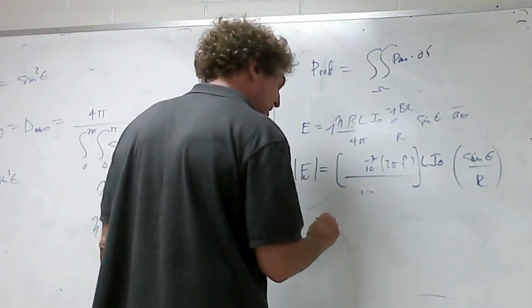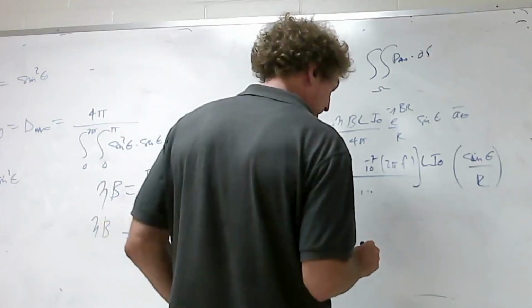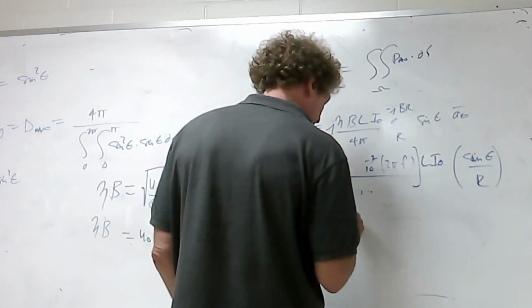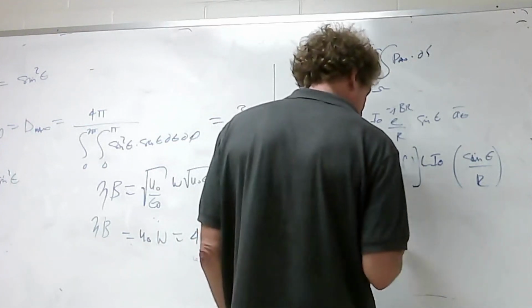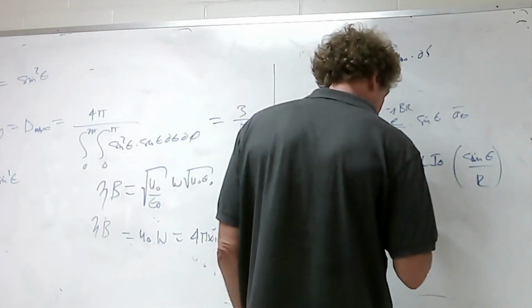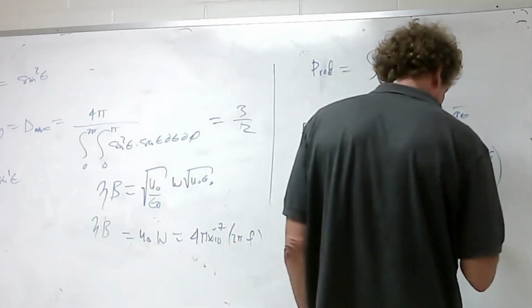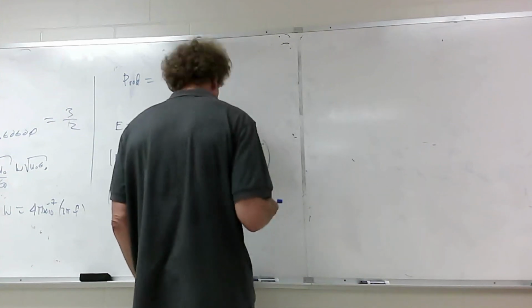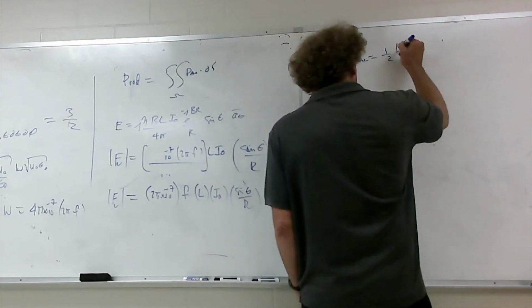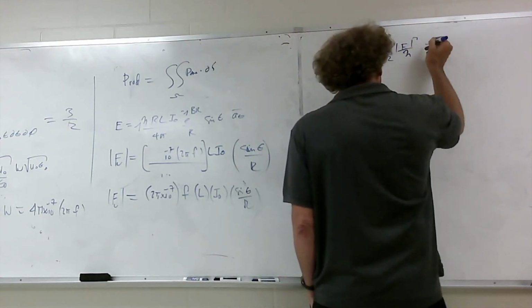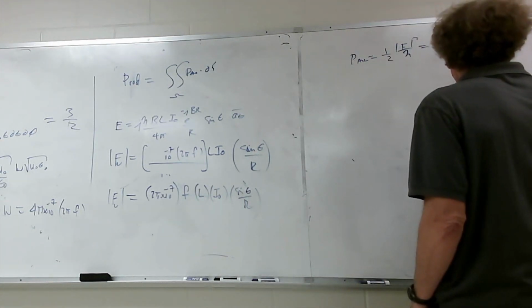So at the end of the day, I have the magnitude of E that I will use from here. I'm going to take it down further. It's equal to 2 pi times 10 to the minus 7, times f, times L times I naught, and then sine of theta over r. Now I get the power density: 1/2 magnitude of E squared over eta, with eta as 120 pi.